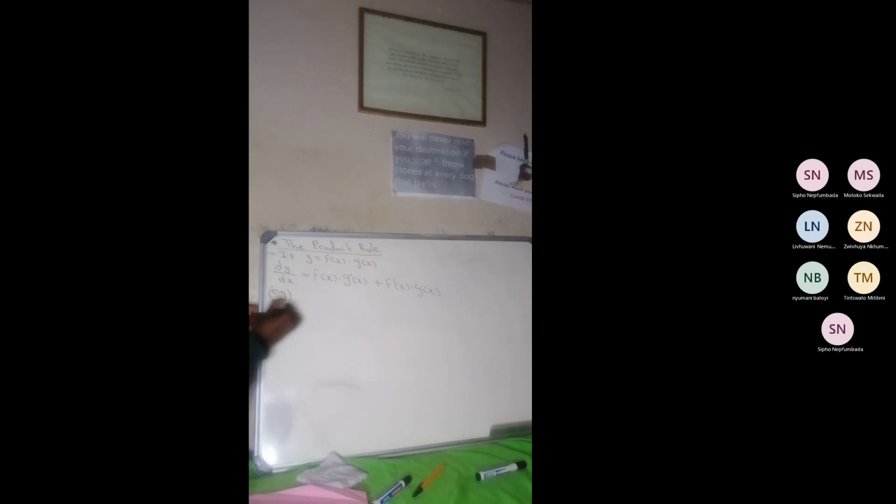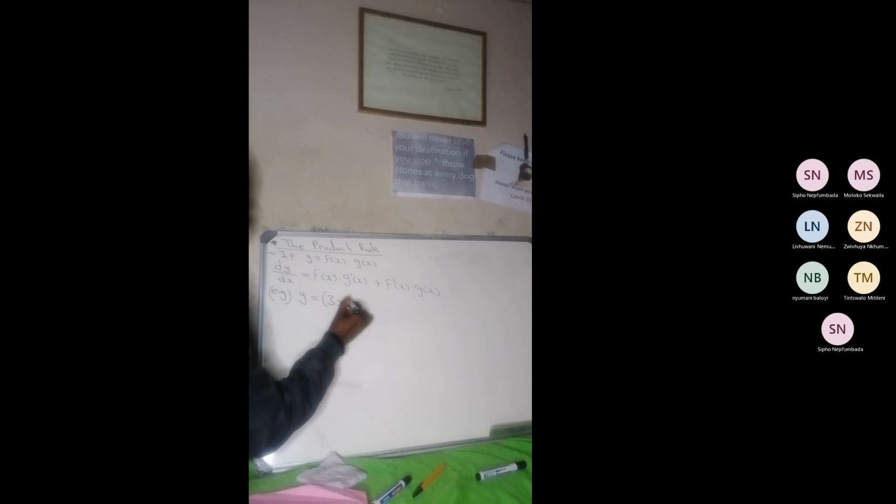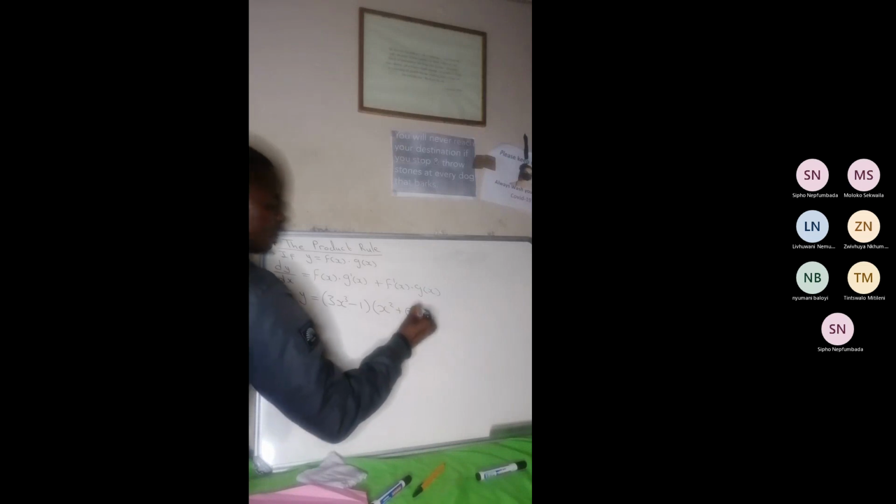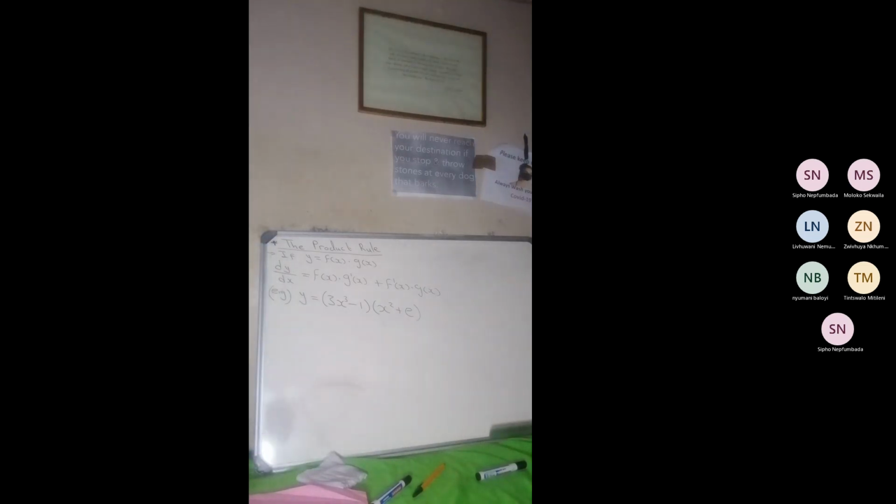Let's take an example. If you are given a function y is equal to 3x to the exponent of 3 minus 1 multiplied by x squared plus e. We're going to do dy over dx, and I told you that we copy the first one, but it's up to you.